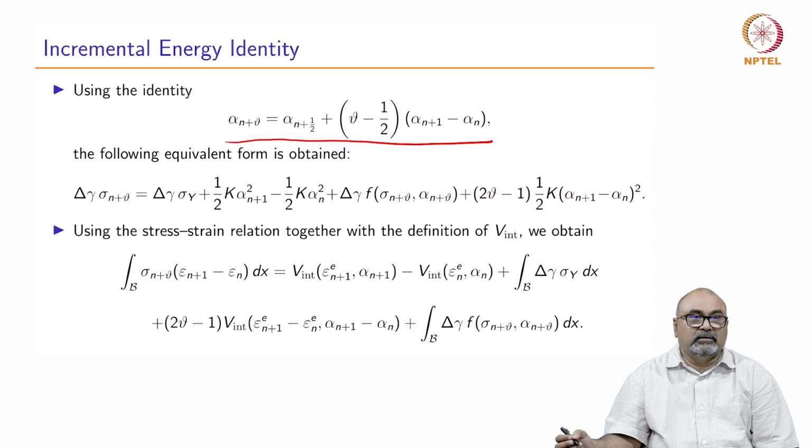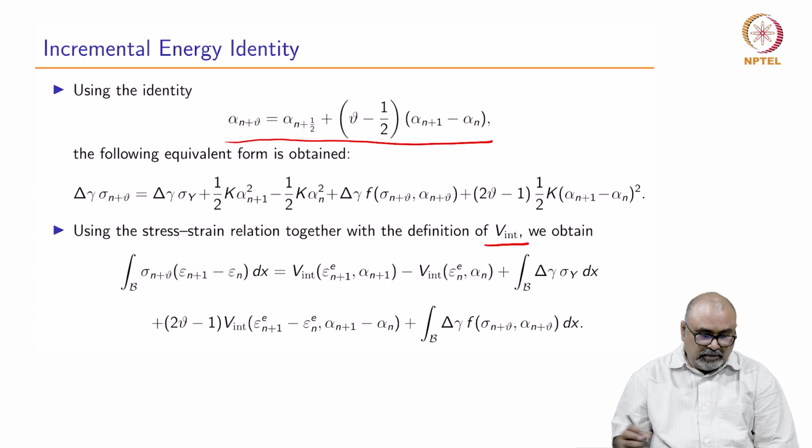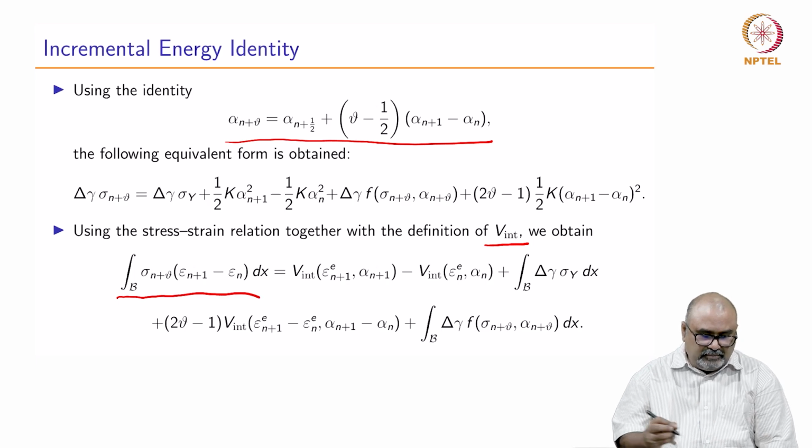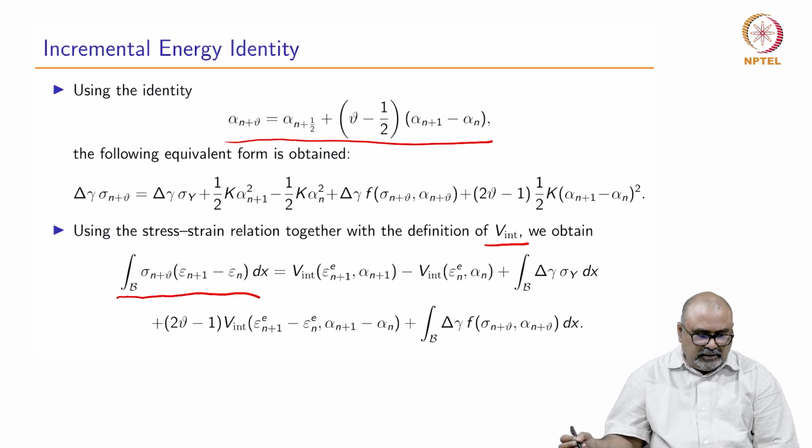We can write delta gamma times sigma n plus v in the following fashion, and using the stress strain relationship together with the definition of V internal, we can write the integral over domain sigma n plus v of epsilon n plus 1 minus epsilon n times dx. So, this is the internal force.